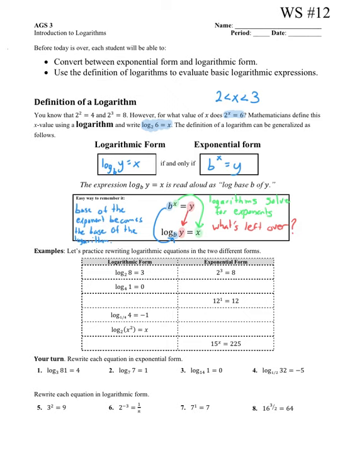So that's what we're looking at right down here. With the first example, I have logarithmic form and exponential form. So we can see, if it's log base 2, then that 2 becomes the base in exponential form. And then the exponent was 3, so that becomes the exponent in exponential form. And then what's left over? The 8.